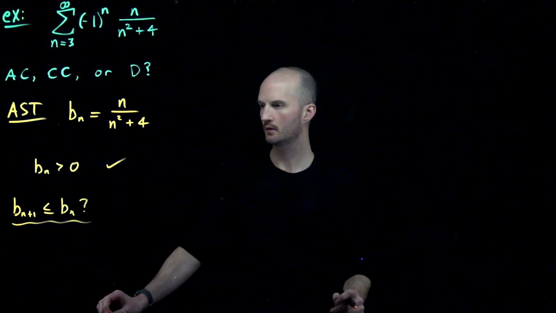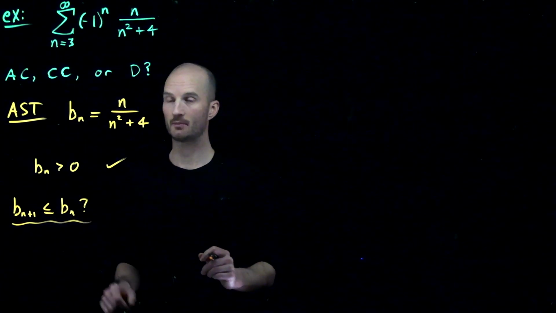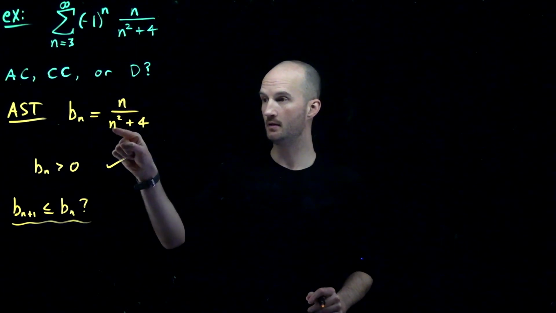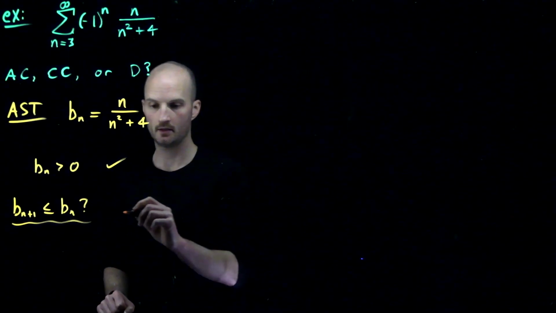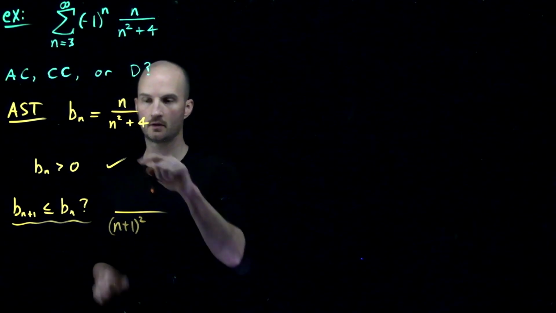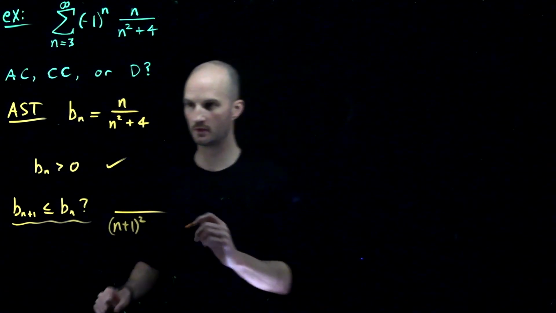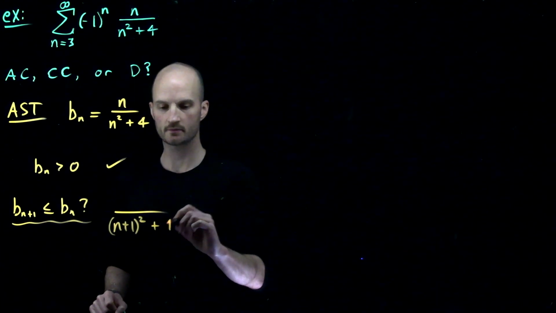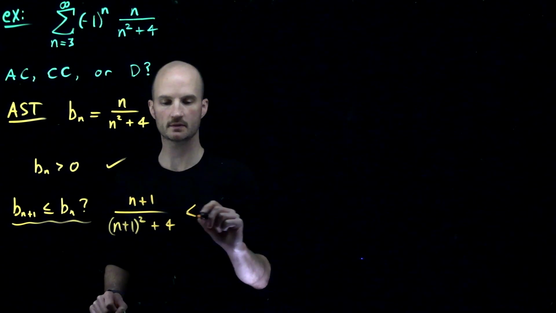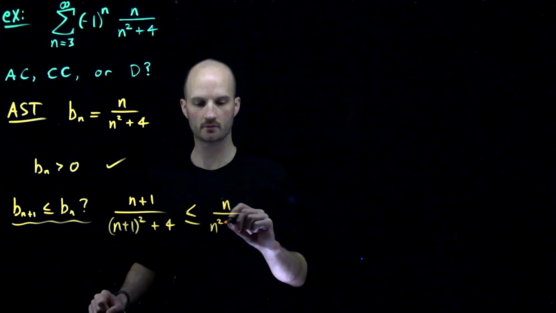So I'll take this inequality and write it out in full right here. Bn plus 1: I take this expression, and wherever I see an n, I replace it with n plus 1. So this becomes n plus 1 over n plus 1 squared plus 4. Now is that less than or equal to n over n squared plus 4?